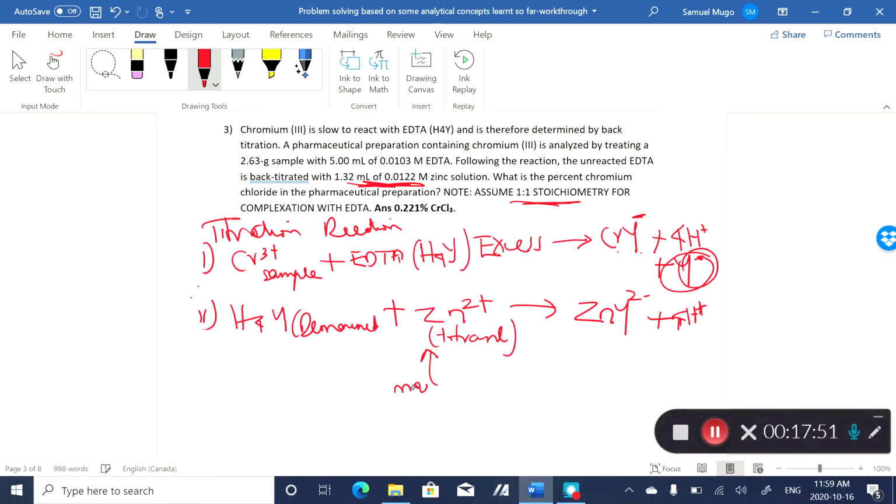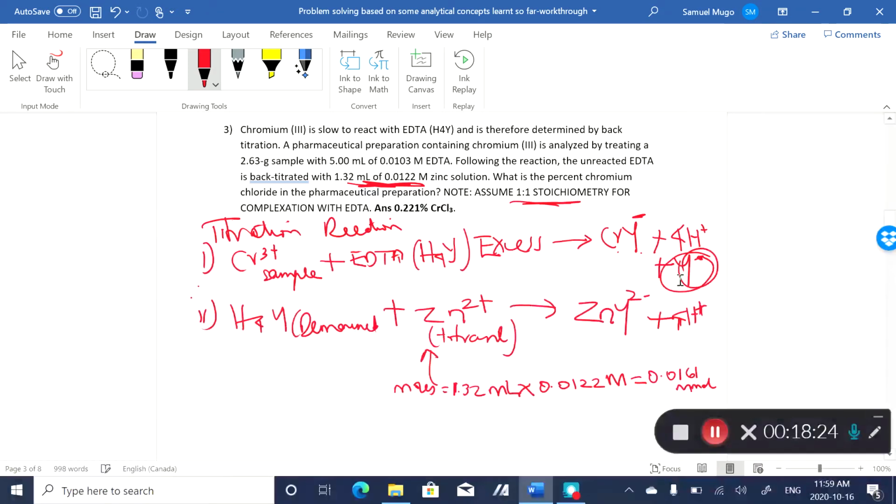So the moles of zinc is going to be 1.32 mL multiplied by its concentration, 0.0122 molar, and my answer is 0.0161 millimoles.